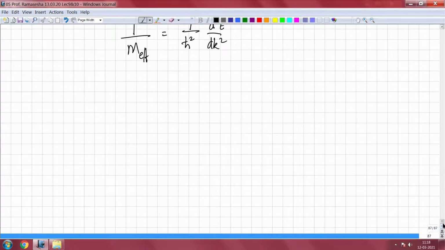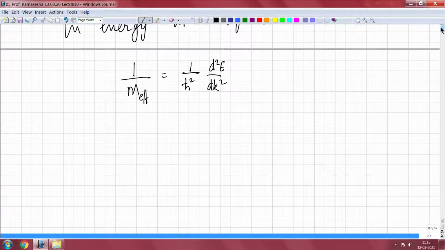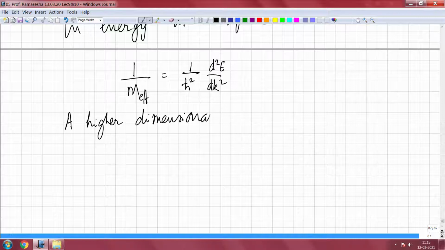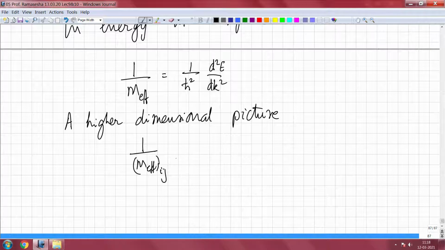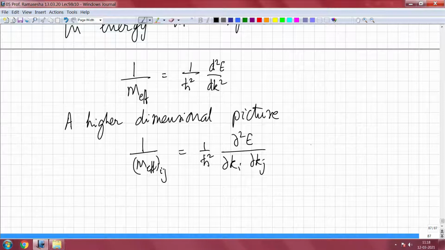In general, if you are looking at a higher dimensional picture, which could be either 2-dimensional or 3-dimensional, then we have the following. This effective mass becomes a tensor: 1 by h cross squared del squared E by del ki del kj, where i, j will be x, y or z.